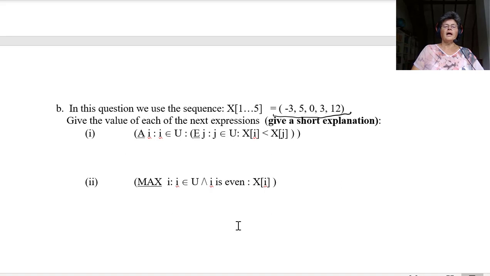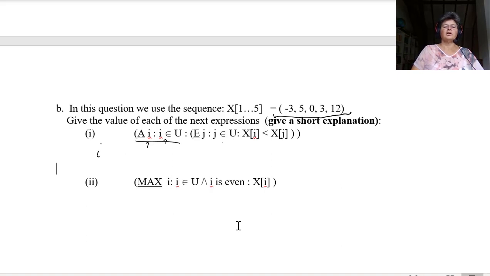So for all elements, and we call them i comes from the universe, so that was 1 until and including 5, there is a j from that same universe that xi is smaller than xj. Okay, it's a universal one, so we have to check them one by one, and if we found a counterexample, we're done, and otherwise we'll just have to continue looking for it.